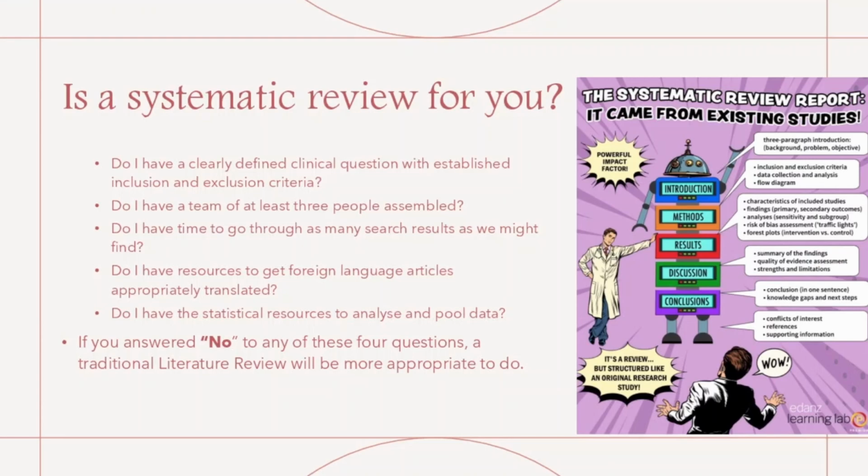Do you have a team of at least 3 people assembled? And why is that the case? You should have at least 3 people performing a systematic review in order to reduce the risk of bias, selection bias, and other types of biases as much as possible.